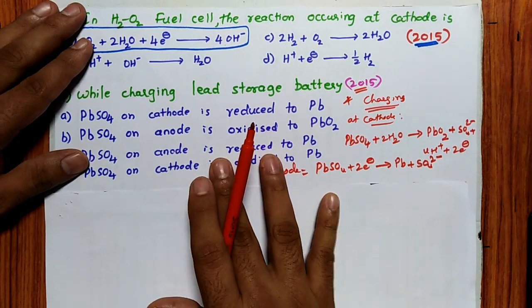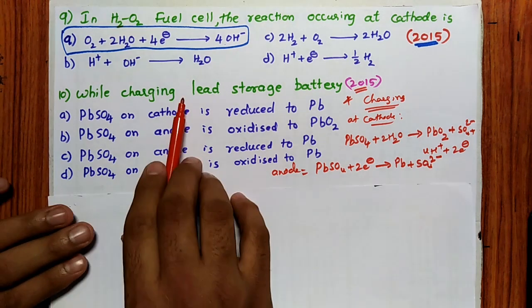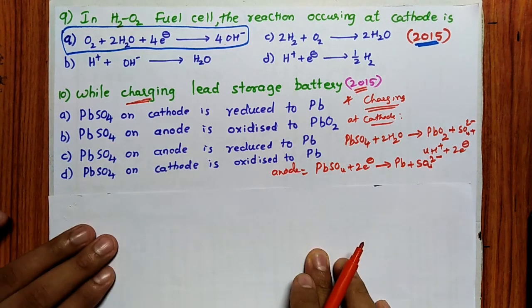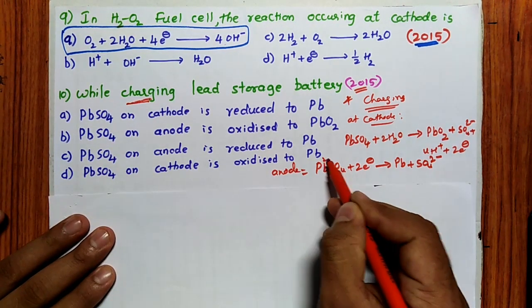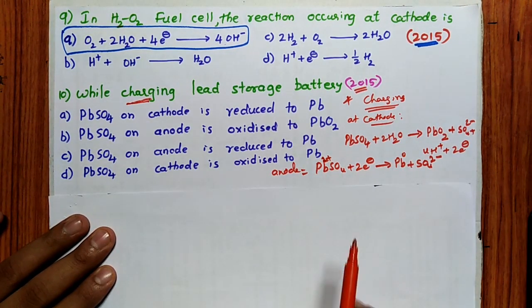One thing you remember, just now I told at cathode reduction takes place, at anode oxidation takes place. That applies only when it is a normal electrolytic cell or electrochemical cell. If it is the reverse charging of the lead storage cell, always remember, at anode look at the oxidation state: plus 2 here, this is 0. Plus 2 to 0 means reduction. At anode reduction takes place.